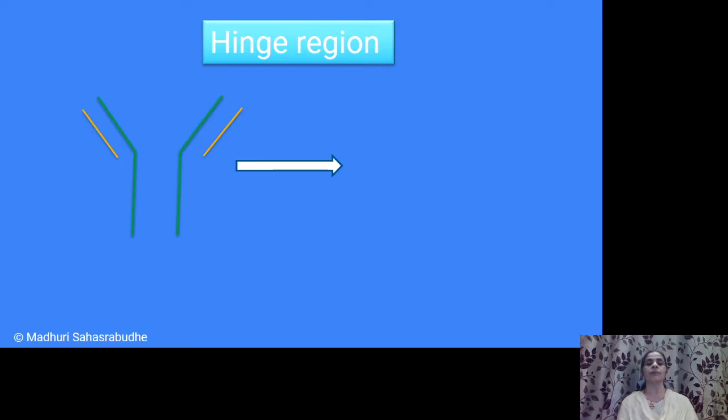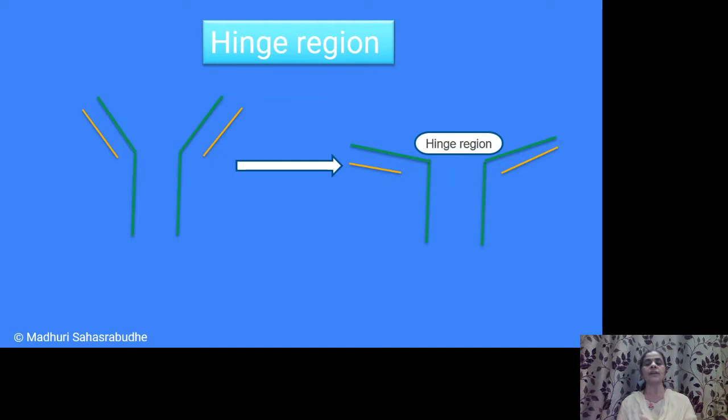Okay. We'll see the hinge region. What is the hinge region? The immunoglobulin has a 4-chain structure. Why is it called a 4-chain structure? There are two light chains and two heavy chains. If you observe the 4-chain structure folded and expanding, the particular region responsible for swinging out the arms is called the hinge region.